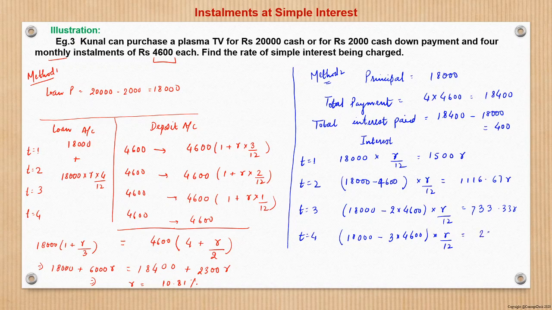So this becomes 350 r. I mean, we can solve this on calculator and get this. So now if we add the first month interest, second month interest, third month interest, and fourth month interest, we get 3,700 r, and this is equal to 400 which we had got starting. So from here if we solve, we get r is nothing but 10.81%, right? So this is the rate of interest, simple interest, for which the loan was sanctioned, right?